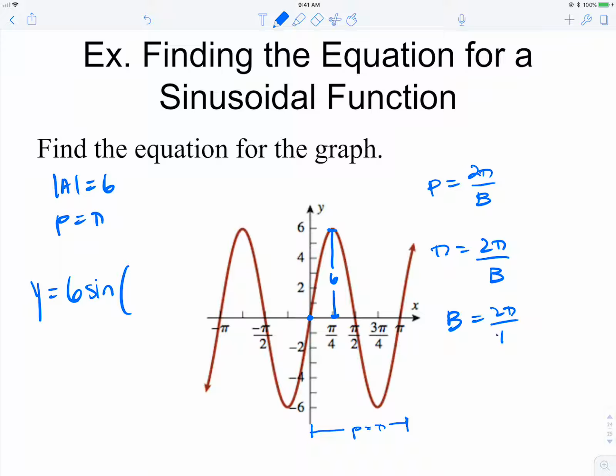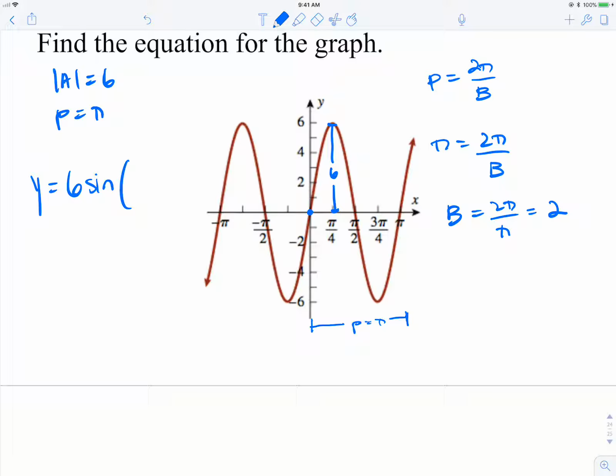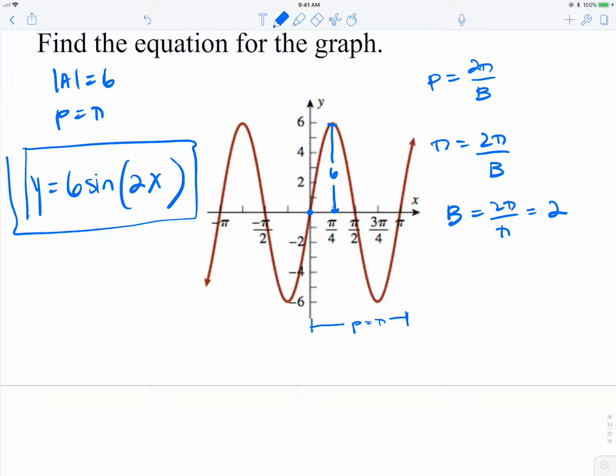So b will be equal to 2. So there is an equation that fits this graph. And if we thought about substituting, say, pi over 4 in for x, 2 times pi over 4 is pi over 2, sine of pi over 2 is 1, 1 times 6 is 6. So it checks.